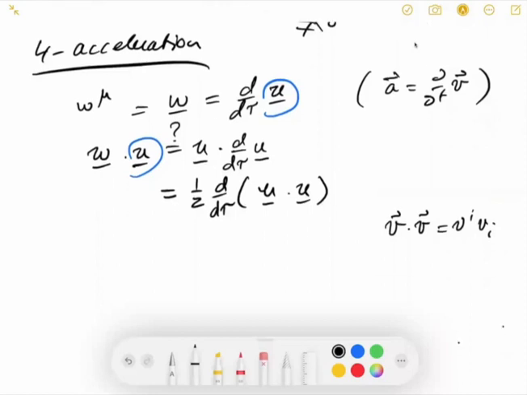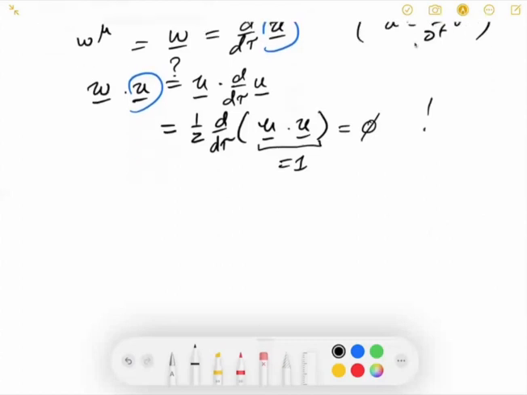And of course, because of the symmetry of U, you can write that as 1/2 d/dτ of U dot U, which is just, this is 1, which we had before, so this is 0. And that is important. This is what we call Minkowski orthogonality.